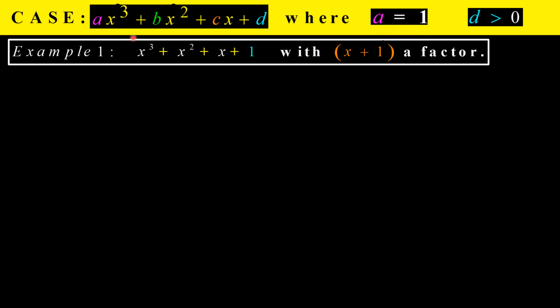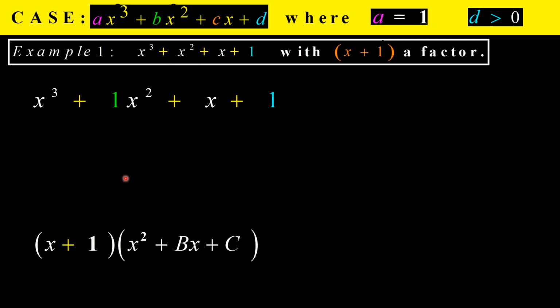I'm taking a very basic example first with a 1x cubed, and I'm taking a positive just for you to see the method first. And I've got a positive factor as well. So I've got my factor x plus 1. Now I'm just writing that's x squared. I don't have to write down the 1, but I've just inserted the 1 there because I want that to be standing out.